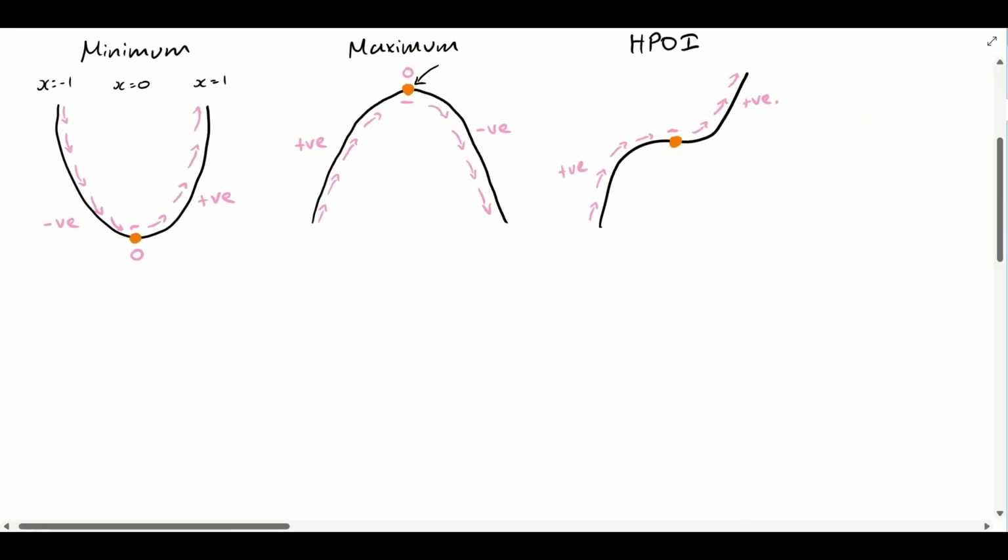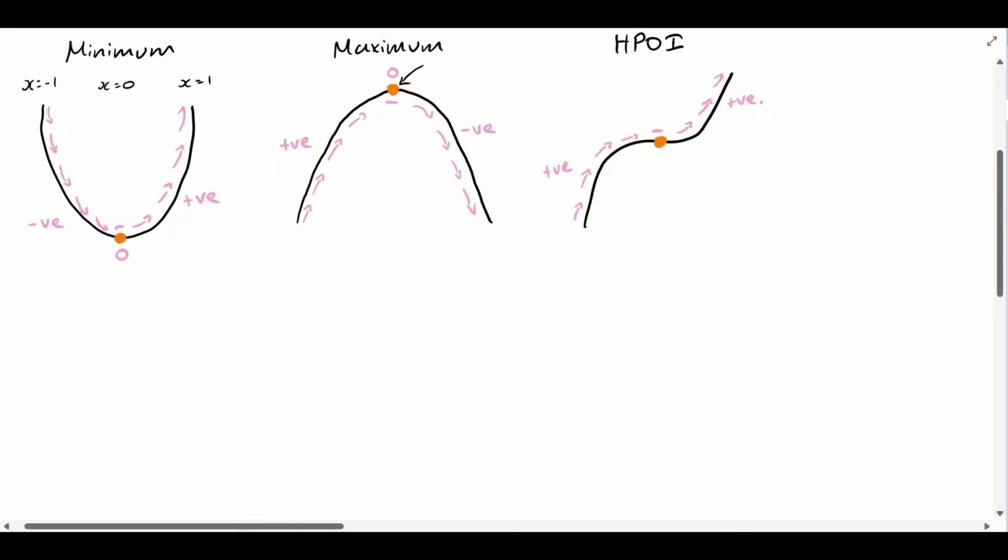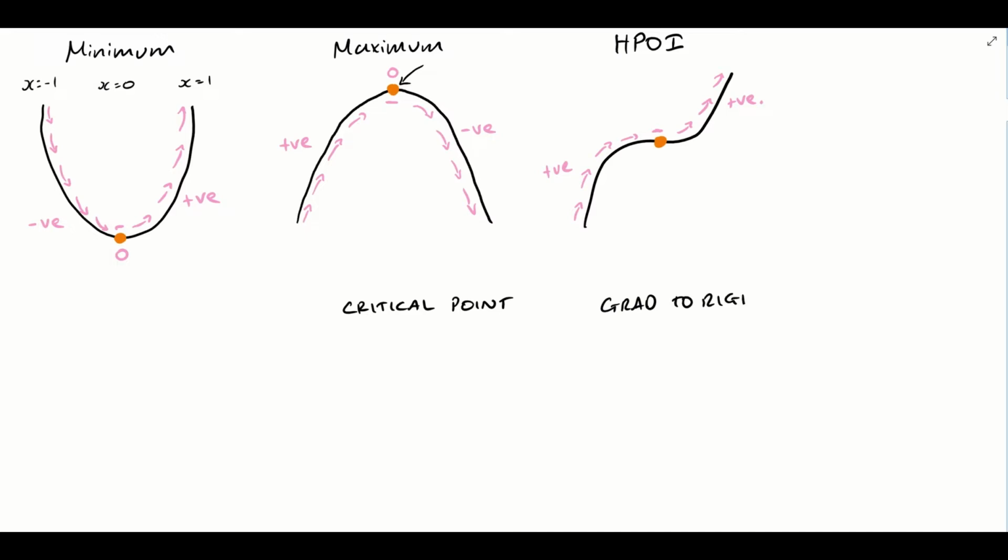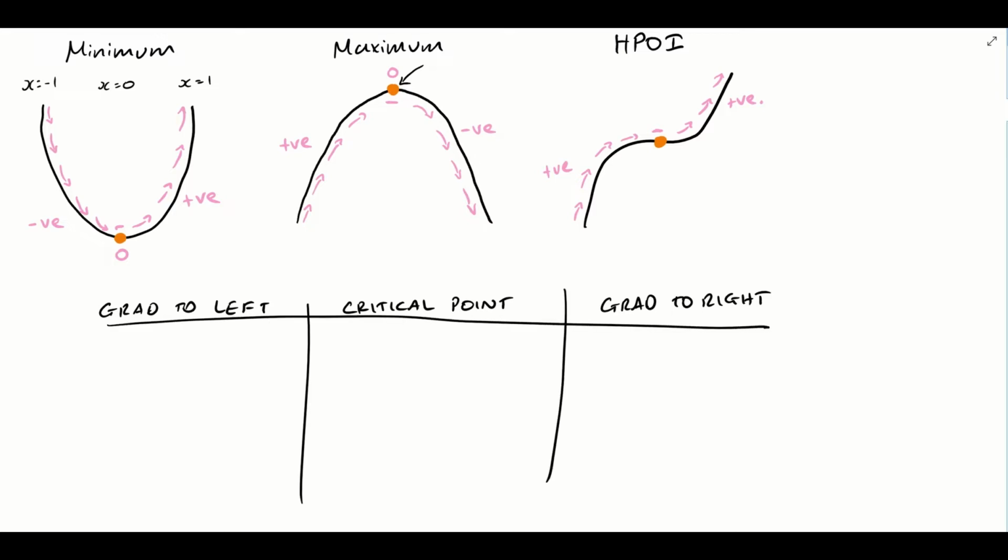So for example, if I draw up a little table, okay, and we say we have our critical point here, and then we have the gradient just to the right of our critical point, and we have the gradient to the left of our critical point. Okay, so our critical point is just going to be sort of like our orange dot here.